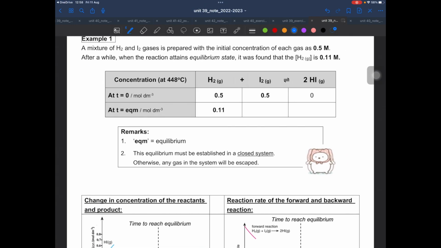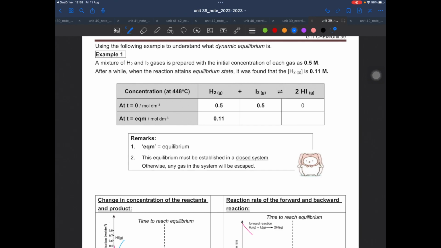Don't worry, this is not difficult mathematics, okay? Everyone can do it. So let's study this reaction. In the DSE, equilibrium is mainly about calculation. Sorry for that, but trust me, the calculation is extremely easy.